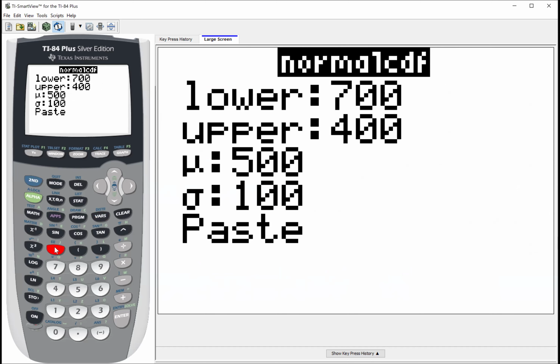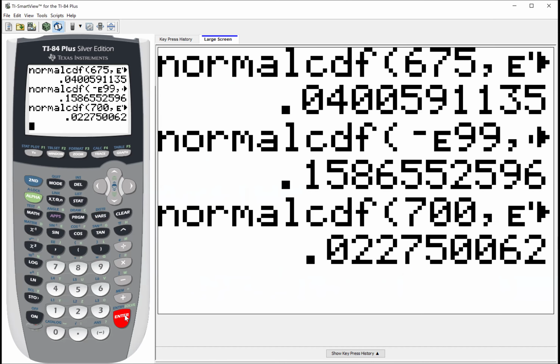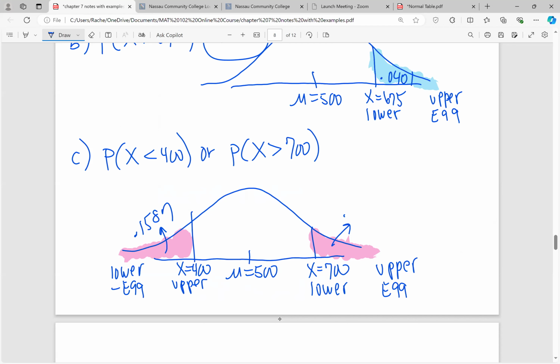The upper bound is E99. The mean is 500. Standard deviation is 100. We'll paste, enter. And to 4 places, we get about 0.0228. So this is 0.0228.